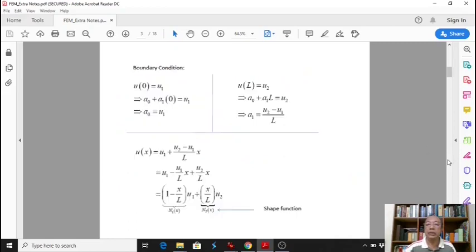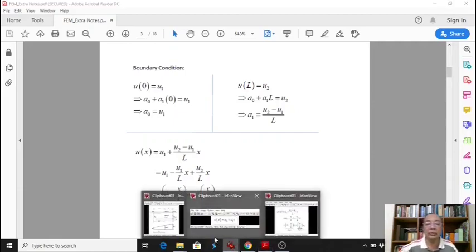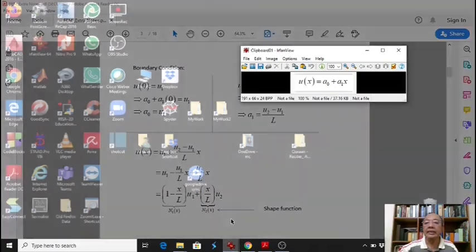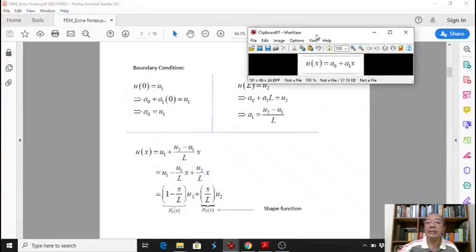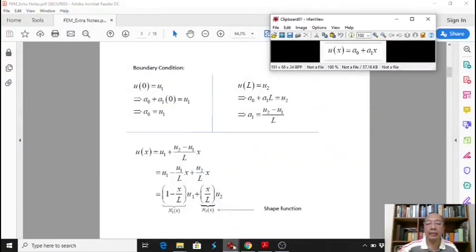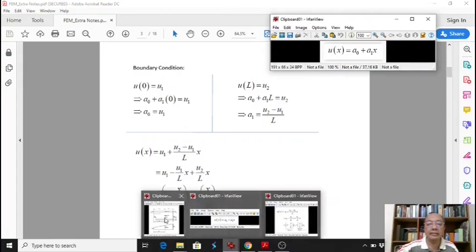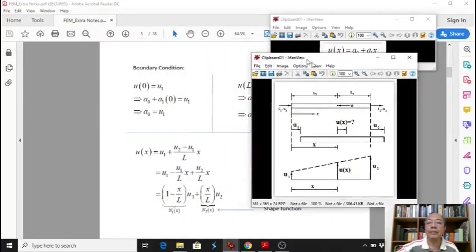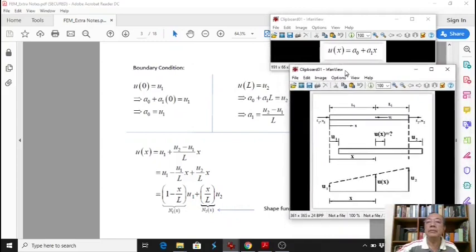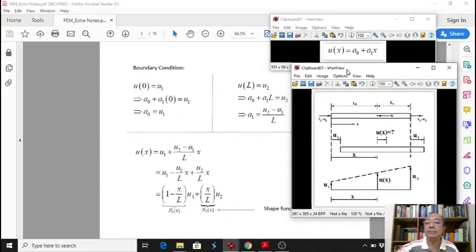Okay, so we go to the next slide. We need to determine A0 and A1. This is a linear function.